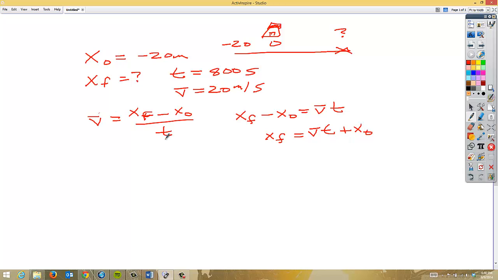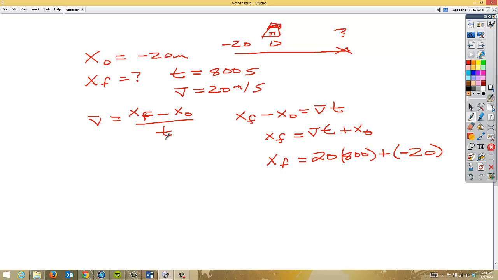You could also solve it using this equation. Let's go the easier route and use this one. The final position that we're looking for is equal to the average velocity times the time of 800 seconds plus our XO, and realize that this one is negative 20.